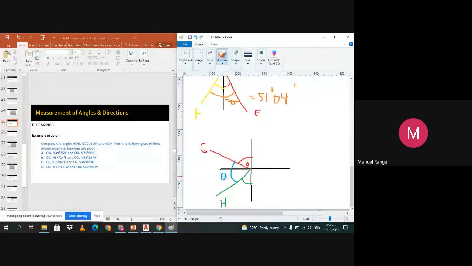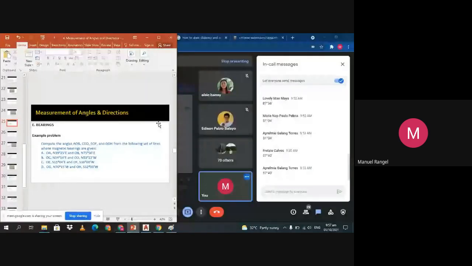Okay, so that is equal to 57 degrees 40 seconds. So that is angle GOH. Okay.